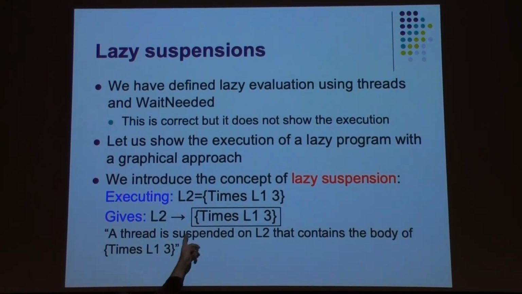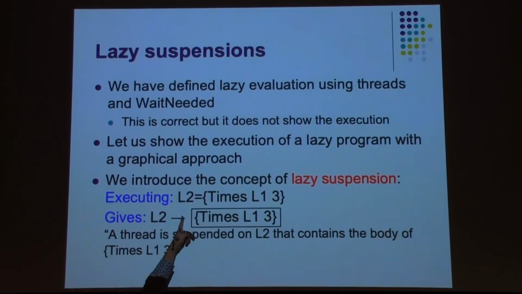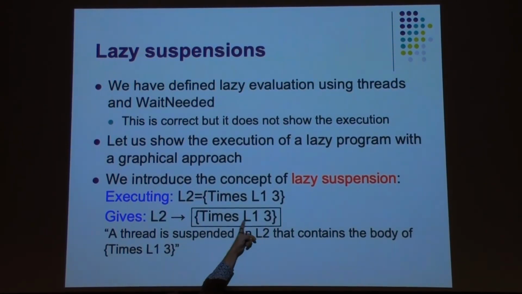Technically, it's the body of this function. So we write it like this: L2, there's an arrow and a little box. And inside, we write what it's waiting on. So there's a lazy suspension waiting on L2. Okay? So that's a way of making a picture.